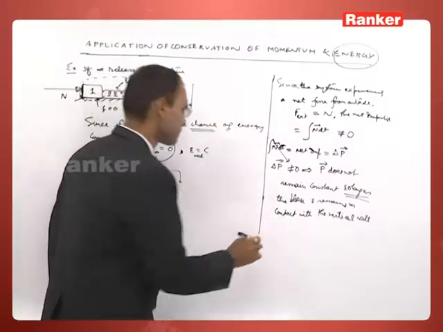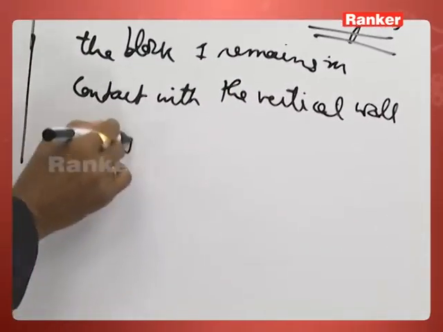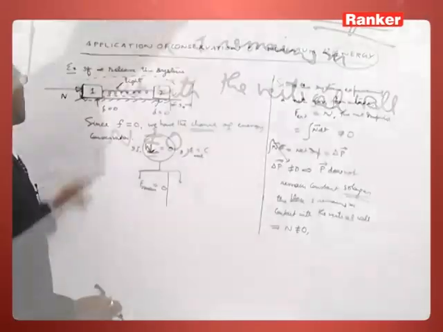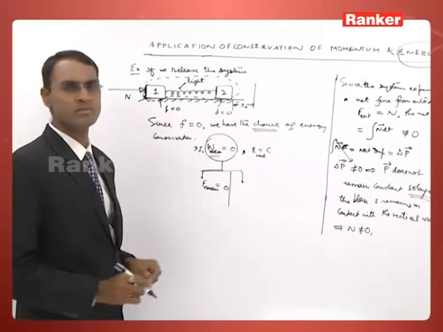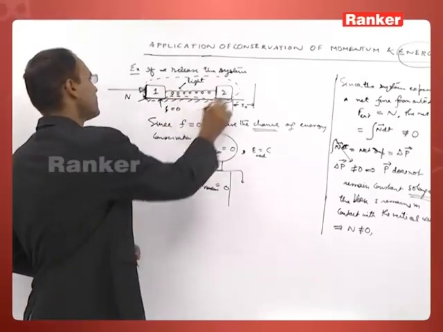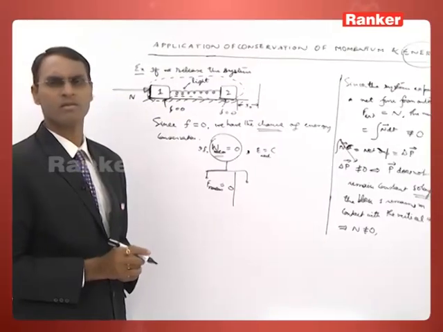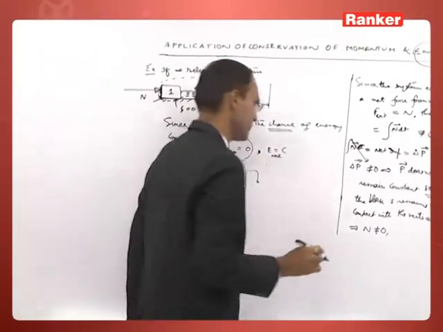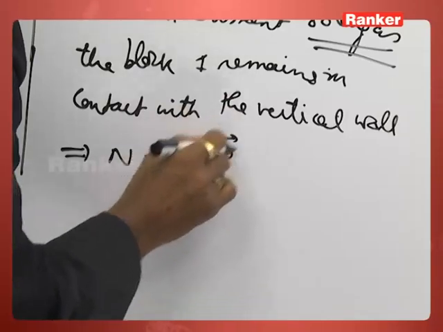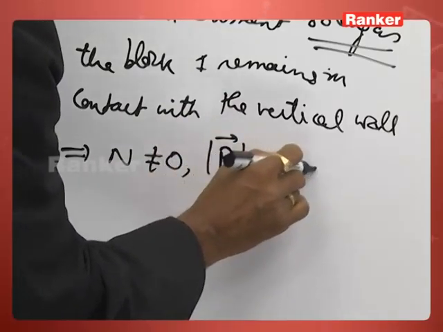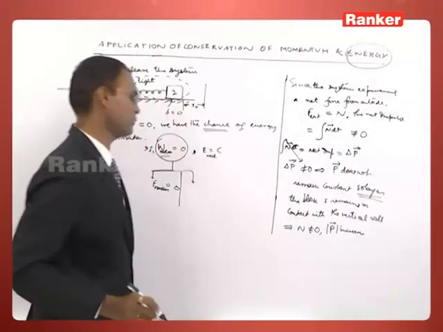This means that so long as N is not equal to 0, so long as the vertical wall is pushing the block 1, the momentum of the system will keep on increasing. Momentum increases its magnitude.